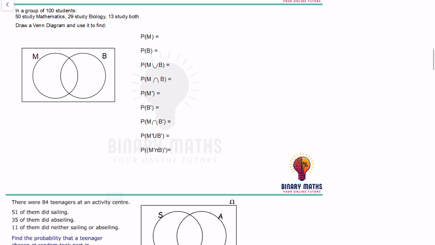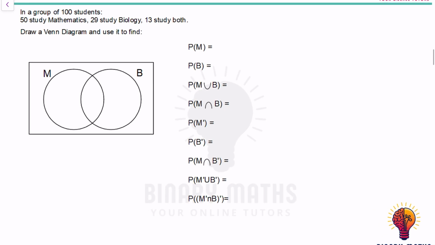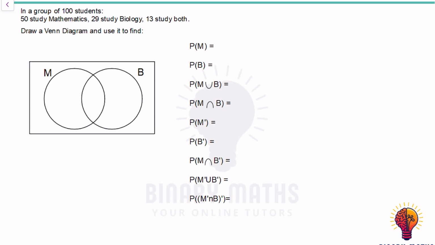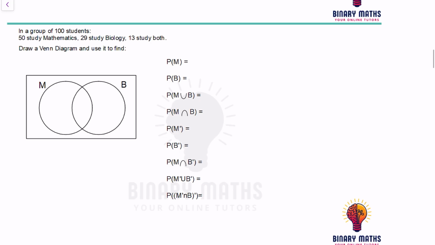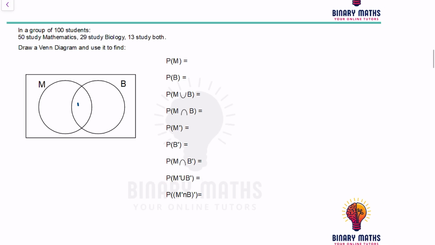Okay, next question. In a group of 100 students, 50 study maths, 29 study biology, 13 study both. Draw a Venn diagram and use it to find these probabilities. So always start with a Venn diagram, always start with the middle. So 13 study both, so 13 would go in the middle. 50 study maths, so 50 take away 13 gives me the part that's just M, which is 37.